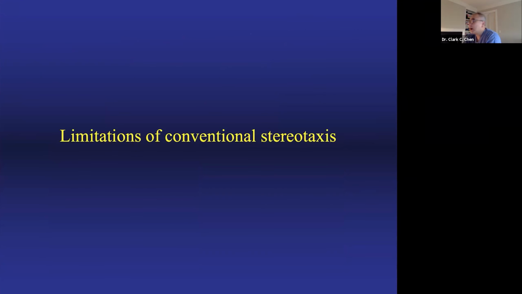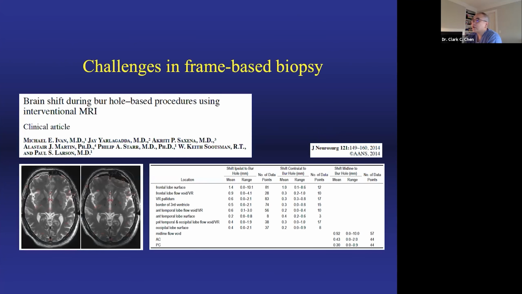Now, why is it that we are running into this misdiagnosis or non-diagnostic tissue? Certainly, we talked about the uncertainty of not knowing if you're in the right site. Another issue is that just by virtue of making the burr hole, this is wonderful work done by Paul Larson, just by making that burr hole and allowing some egress of CSF, there are actually shifts within the brain.